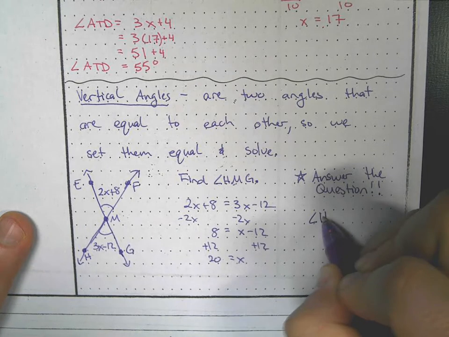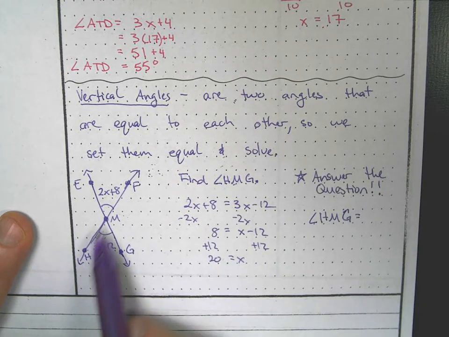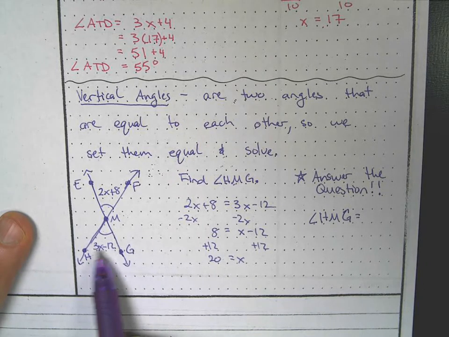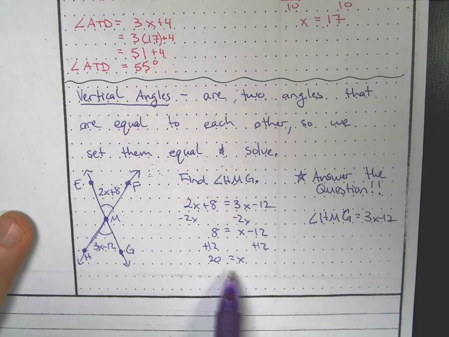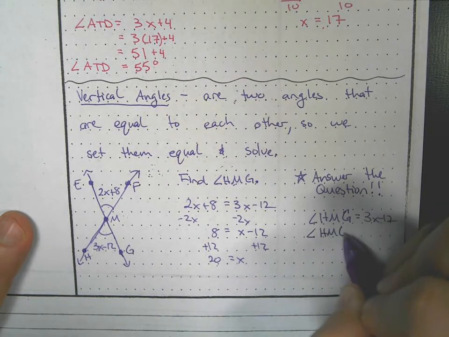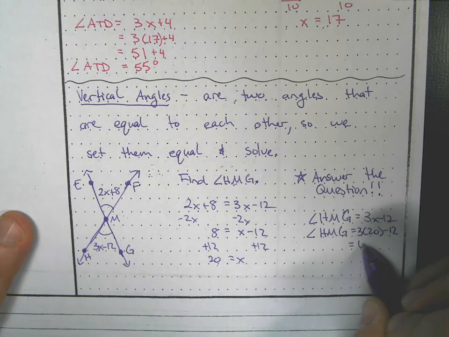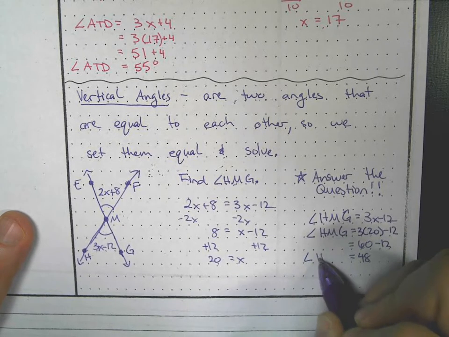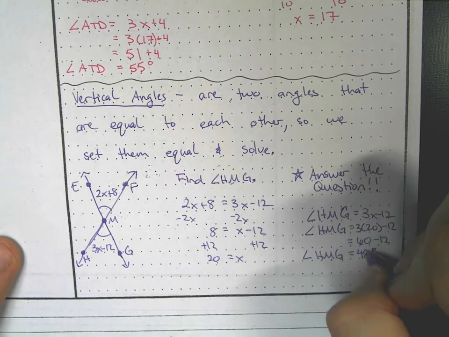So I'll take my angle HMG. I know it is equal to 3x minus 12. And now we're just plugging x in, 20. So I have angle HMG equals 3 times 20 minus 12 equals 60 minus 12 equals 48. Angle HMG equals 48 degrees.